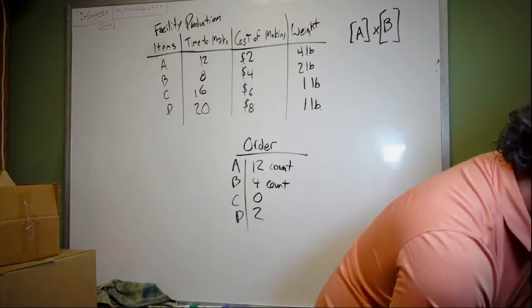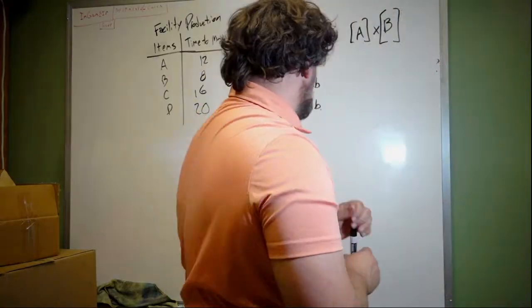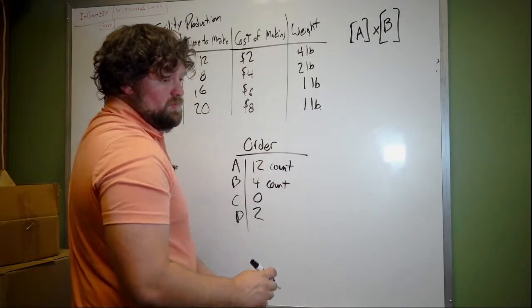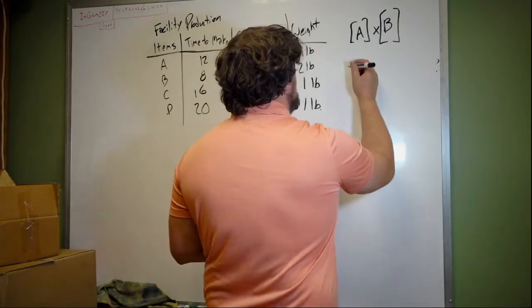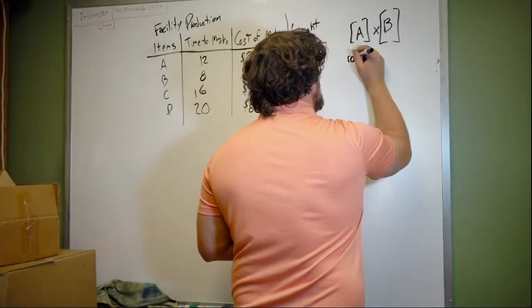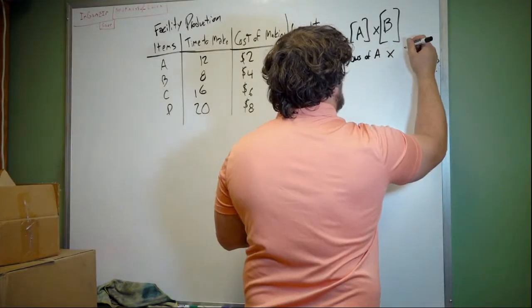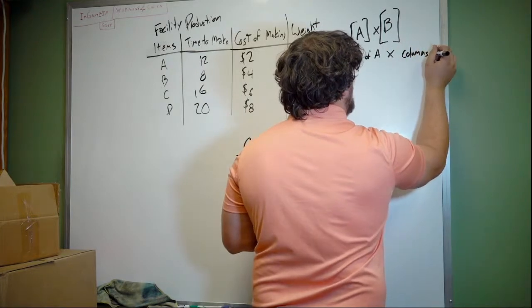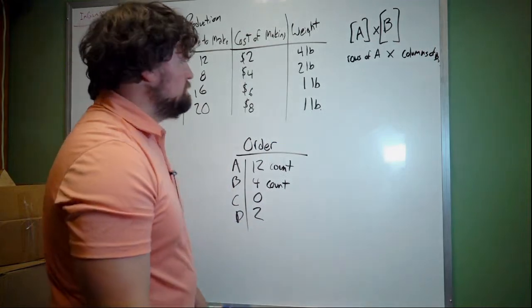Gonna look at my nice board right here. Okay. What you do whenever you do matrix multiplication, the correct way of doing it is you take rows of A crossed with the columns of B. Okay, and that's how you get your output.